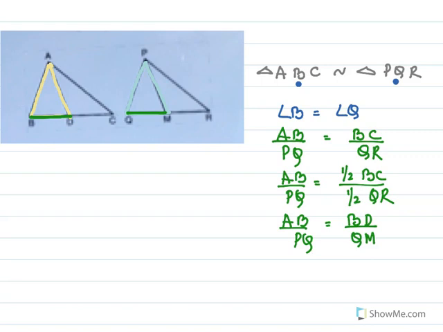So I got now BD over QM equal to AB over PQ, and these two angles are equal. So I can say by SAS test the triangles are similar.